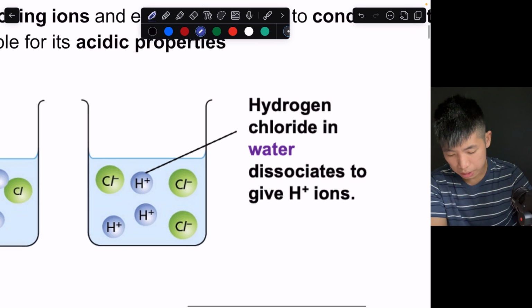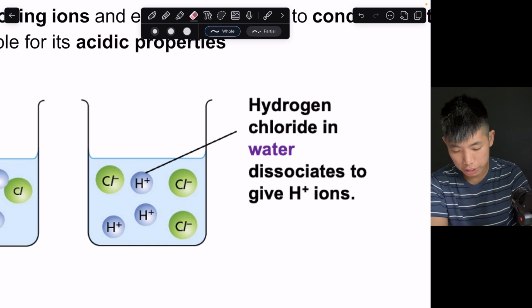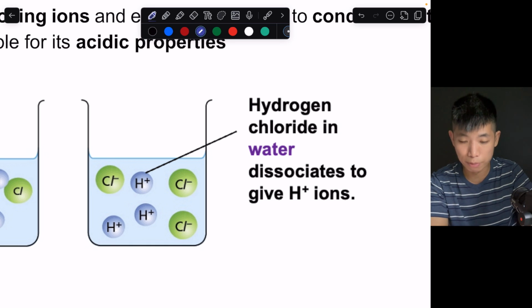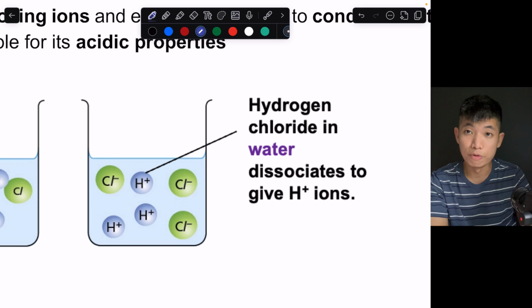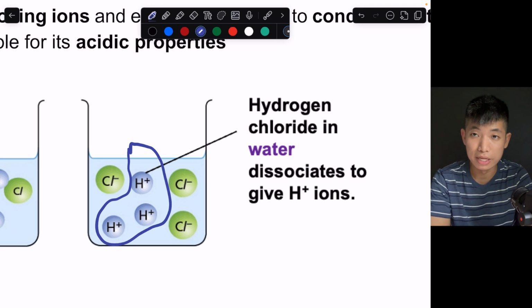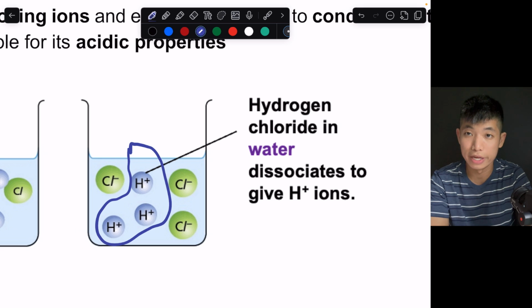So if you look at a solution of an acid, we have your H plus ions and the other anion. Okay, so we learned in chemical bonding that your ions can move freely and become mobile charge carriers. This will allow an acid to be a good conductor of electricity. But if we want to talk about the properties of an acid or the reactions it undergoes, it is mainly due to the H plus ions.